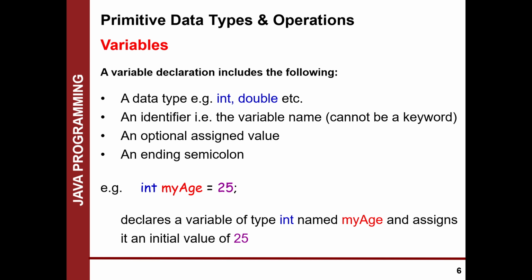And for now we've assigned the value 25 to it. So the computer is going to put 25 at this memory space called myAge. So wherever in your program you refer to myAge, it will return the value 25 to you.